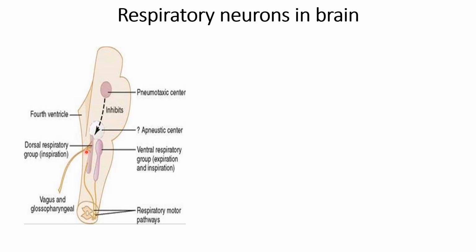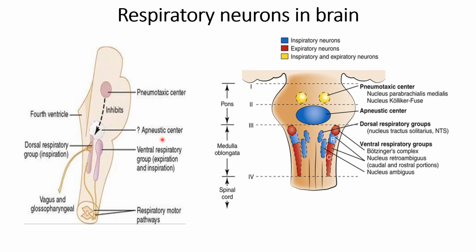Now come to the other respiratory centers. At the upper part of the pons is the pneumotaxic center, and the lower part of the pons, just above the medulla, is called the apneustic center. Now the details of that. Come to this diagram.